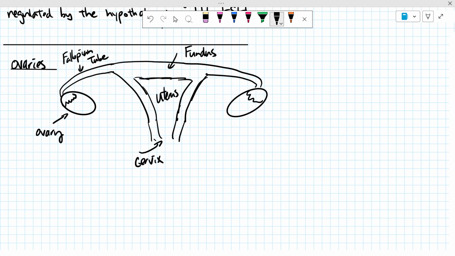So again, the egg is going to be here. And then, if there is sperm, that's where fertilization takes place. If the sperm goes the other way, then no fertilization.